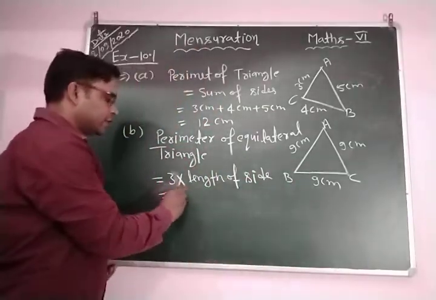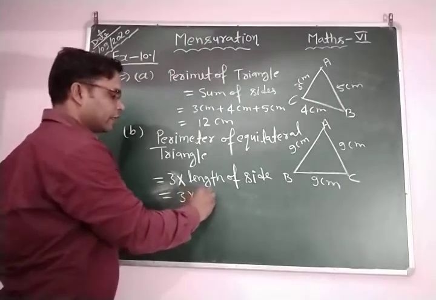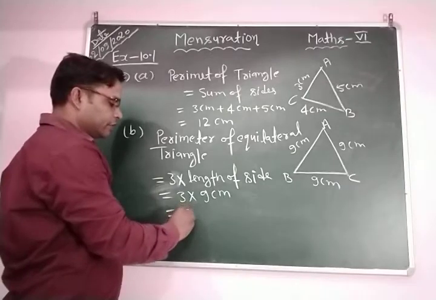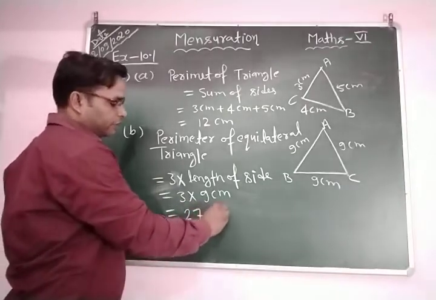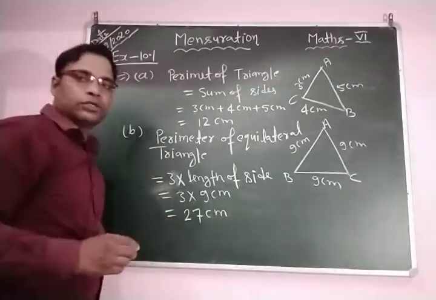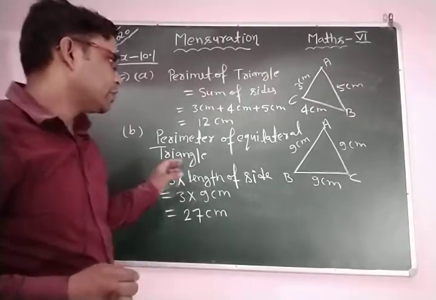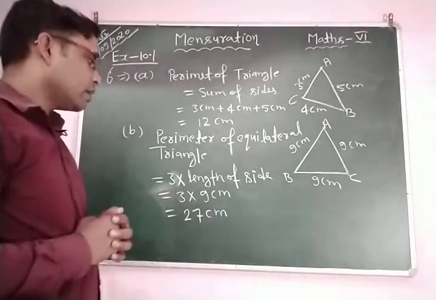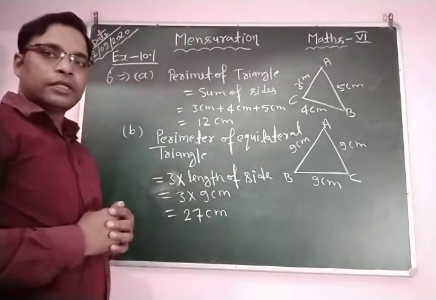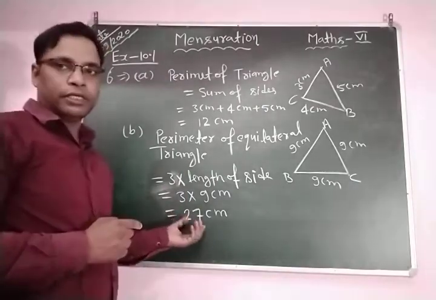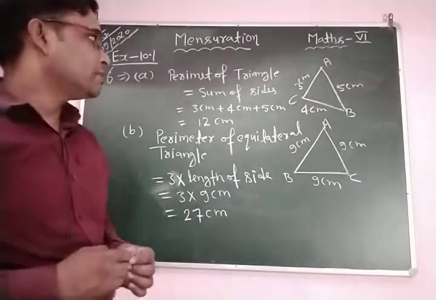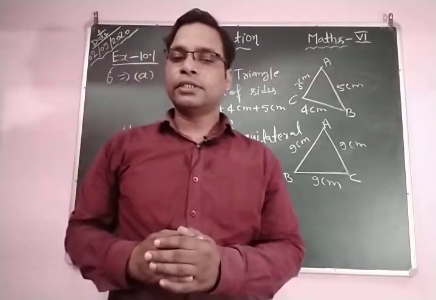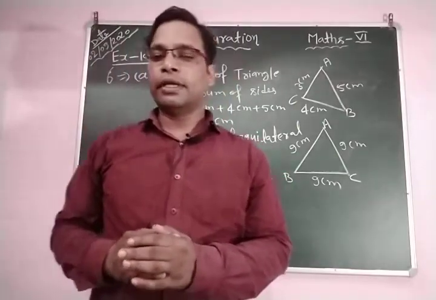So we write 3 into 9 centimeters, and this is equal to 27 centimeters. So the perimeter of an equilateral triangle whose side is 9 centimeters is 27 centimeters.